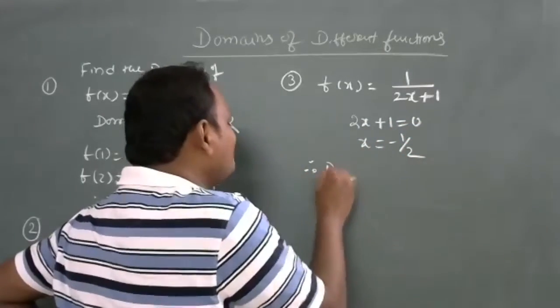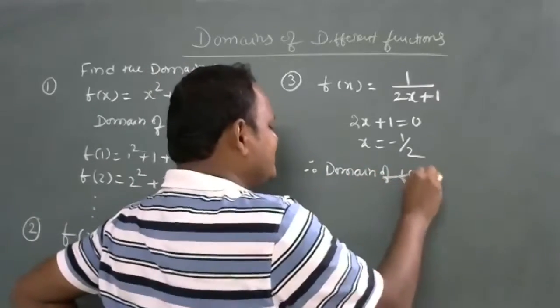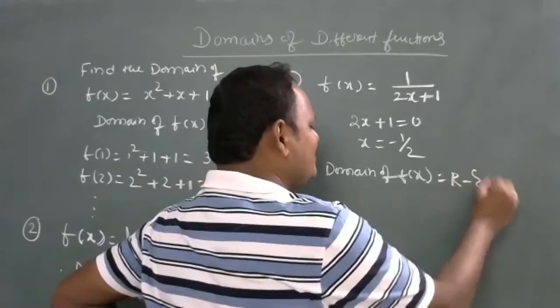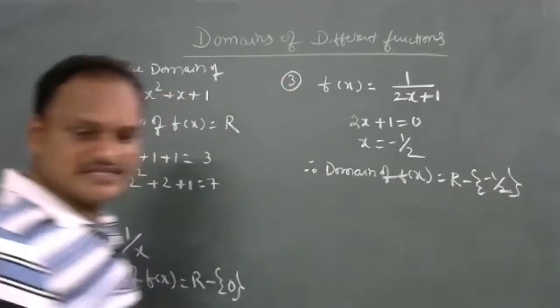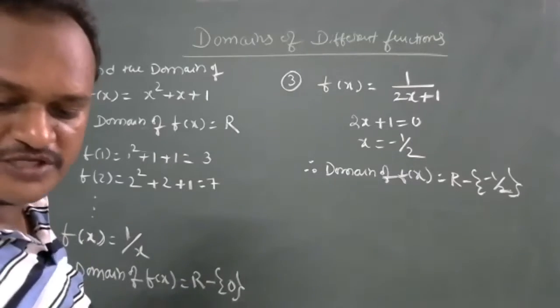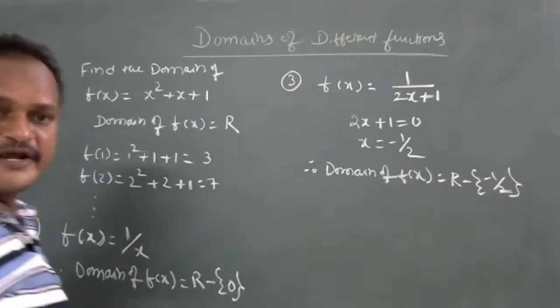Therefore, the domain of f of x is nothing but R minus minus 1 by 2. Such a beautiful way we are getting this particular problem. Right, my dear students?